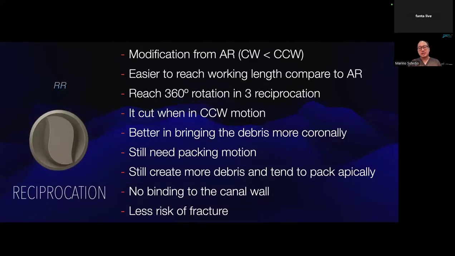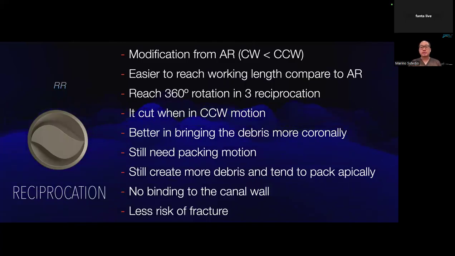So by this study, Ghassan introduced a motion that we call rotating reciprocation, or let us just call it reciprocation or reciprocating motion. It is actually a modification of the alternating rotation, where the clockwise is smaller than the counterclockwise, and it is still easier to reach working length compared to pure alternating rotation, because it still reaches 360 degrees after several movements of the alternating rotation, since the angle of clockwise is smaller than counterclockwise.